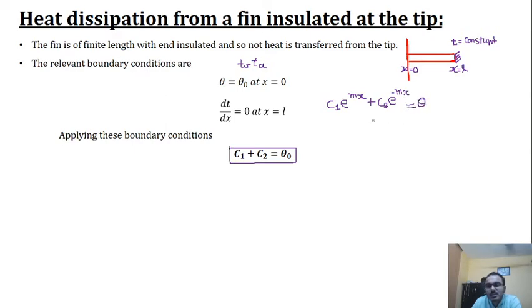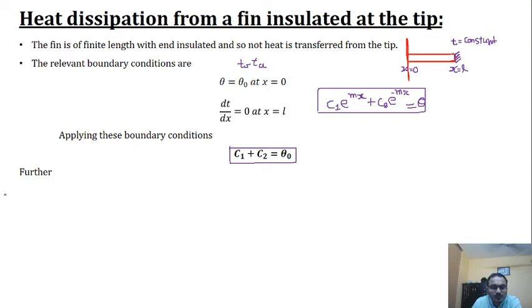That was the case. This is the fundamental solution in case of fin. So when we put x equal to 0, then this term will go, because it will be e raised to 0. So C1 plus C2 into e raised to minus 0, that will also be C2, and instead of theta we can put theta 0.